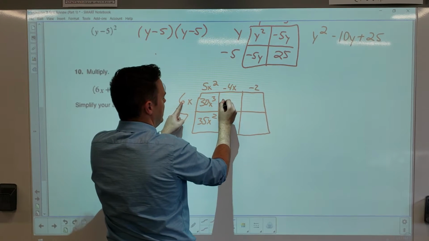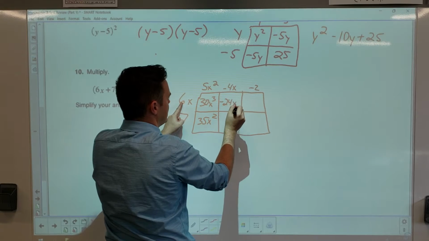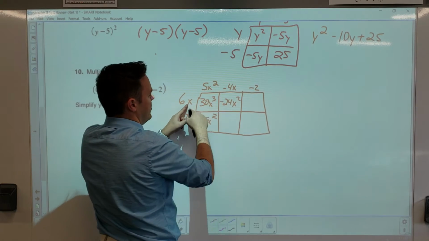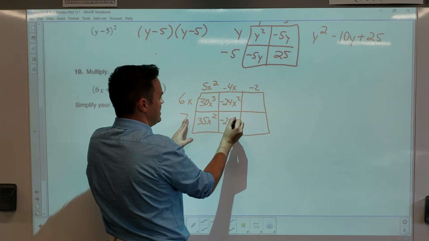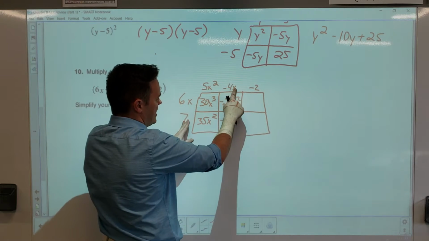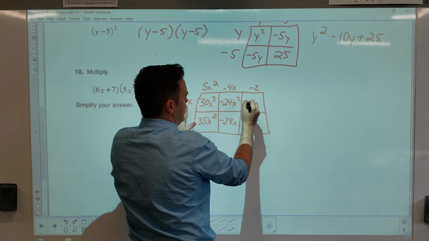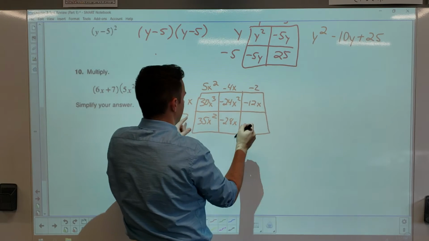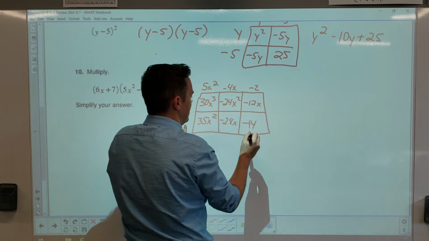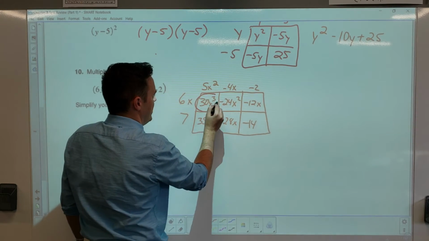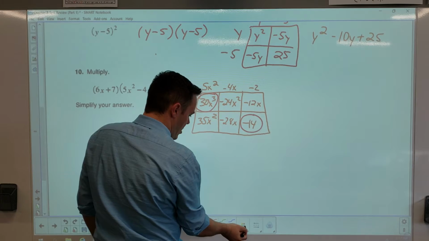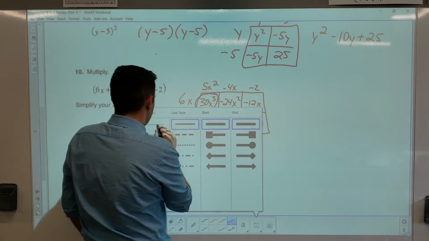Move to the next one. Negative 24x squared, because there's 2 of them. Okay, 7 times a negative 4 is negative 28x, because there's 1 x. 6 times 2, negative 12, and then there's an x, and then last, negative 14. Okay, so big key aspect with this is knowing that this term here and this term here are by themselves.